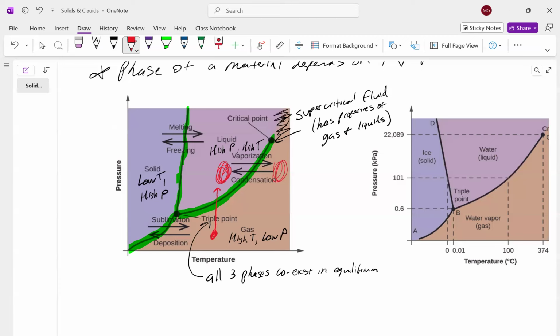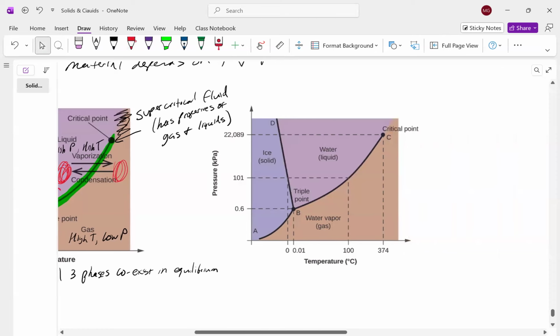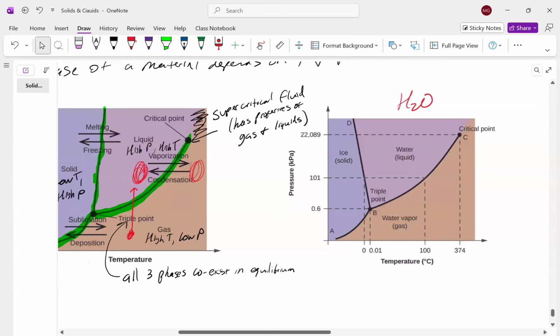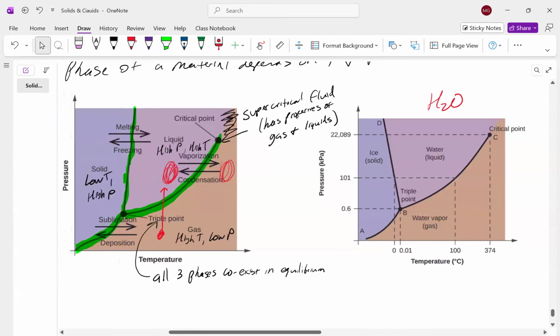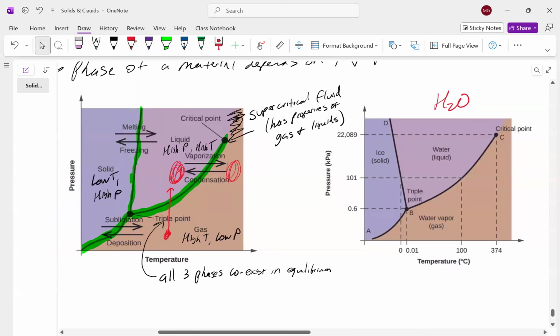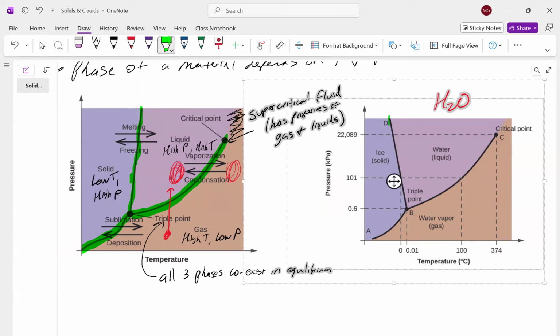Now, for a little bit more specific of an example, here is the phase diagram for water. Now, one of the things I want to point out is notice it looks a little different than the sample one I did on the left here, which is true for most substances. And what's different is the direction of this line, the slope of this line. This is kind of unique to water. There's very few substances that have this kind of phase diagram.